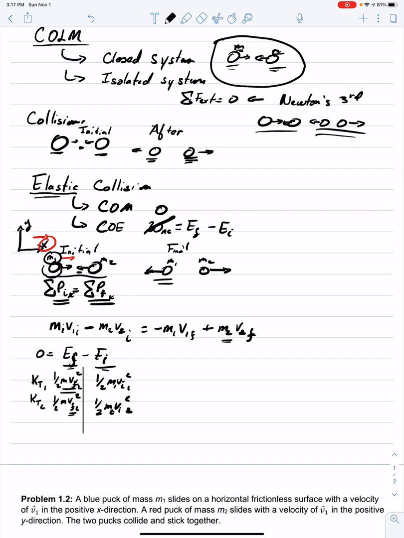So all you have to do now is sum up the final, and sum up the initial. And if, once you sum it up and subtract them with this equation, it equals 0, then this is an elastic collision.